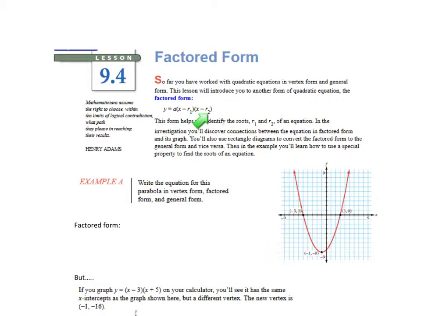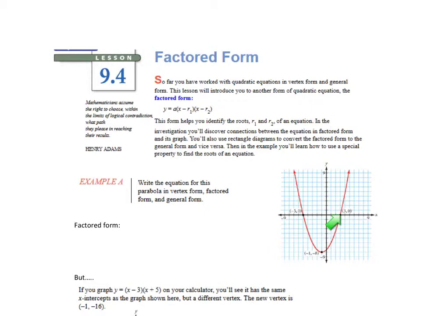So example A gives us a graph and we are to write the equation for the parabola in vertex form, factored form, and in general form. And we are going to start with factored form since that is our new form this section. And if we look at our graph here, we have two roots. So we have one at -5 and we have one at 3.